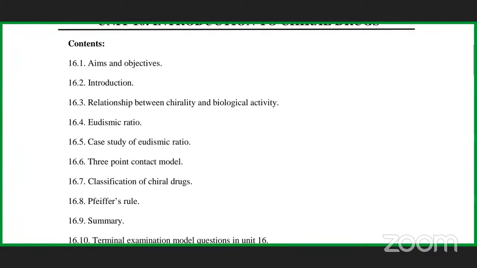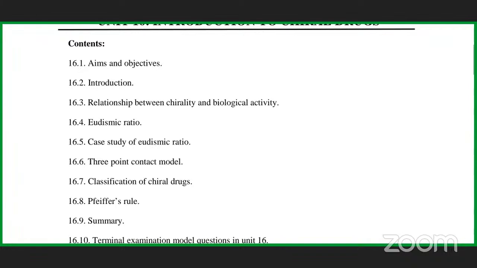For example, when we have two compounds like enantiomers and diastereomers, these are the specificity of that compound.